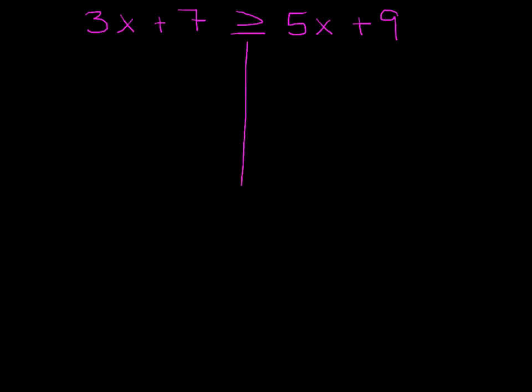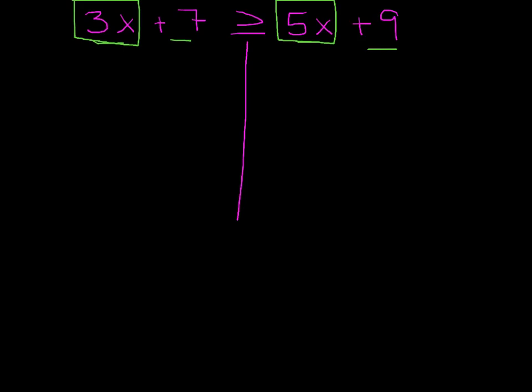Here's our second example. First step, look to see if we can distribute. We don't have any parentheses, so there's nothing to distribute. Any like terms to combine on separate sides? 3x plus 7 can't combine, and 5x plus 9 we can't combine. So all the way to step 3, we have variables on separate sides. So let's get the variable to one side.